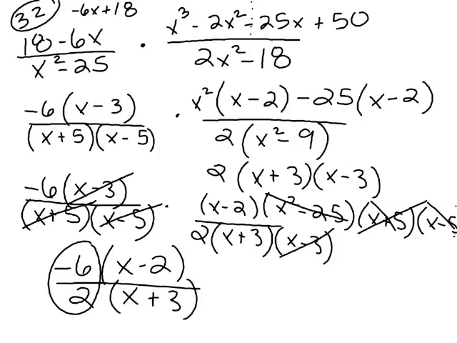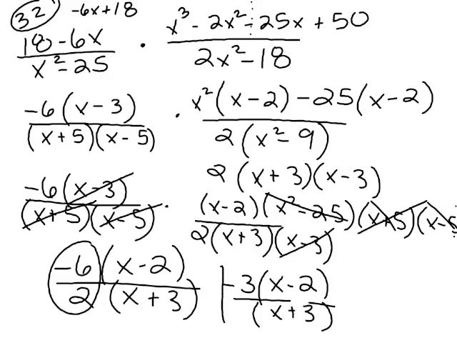Yes. Okay, those numbers will simplify. So 6 over 2 will simplify. Okay, negative 3, x minus 2 on top, over x plus 3 on bottom. Okay, there's our final answer.